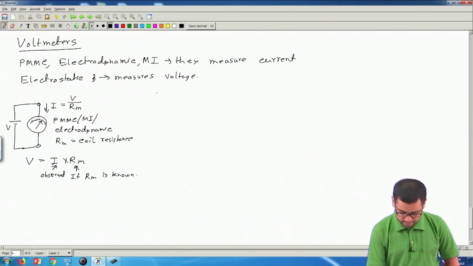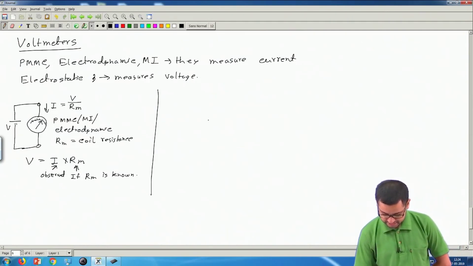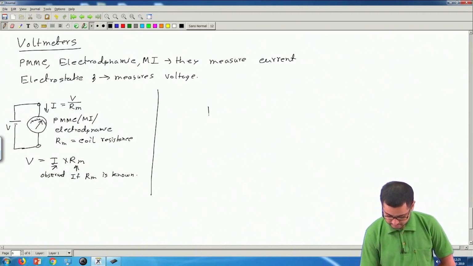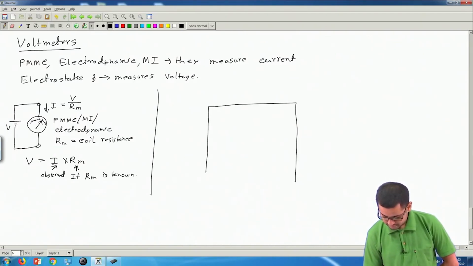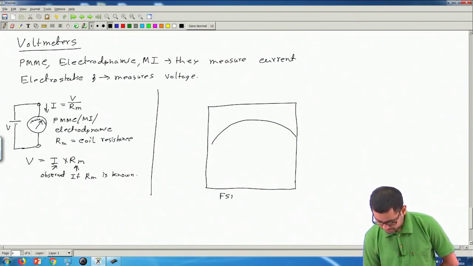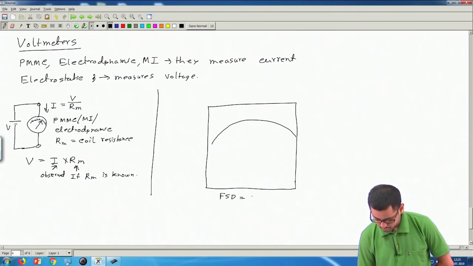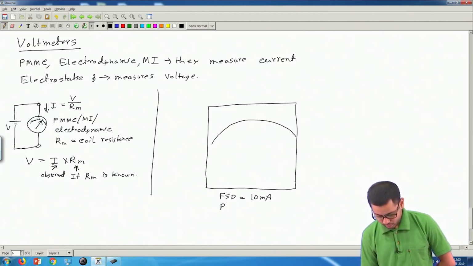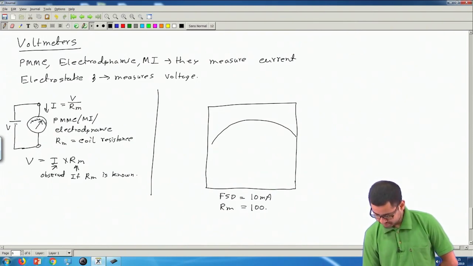Now, the question is, how should I mark this scale? Suppose I have a PMMC meter with full scale deflection current equal to 10 milliampere, and the coil resistance is 100 ohm.